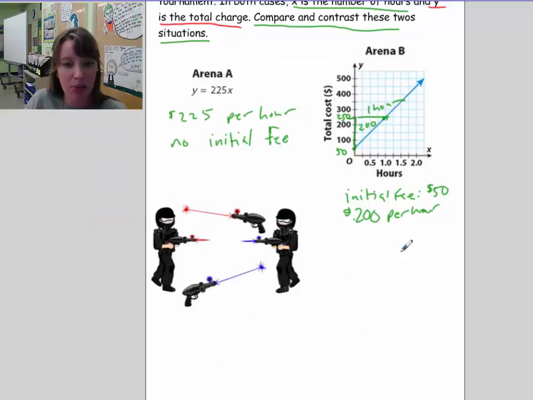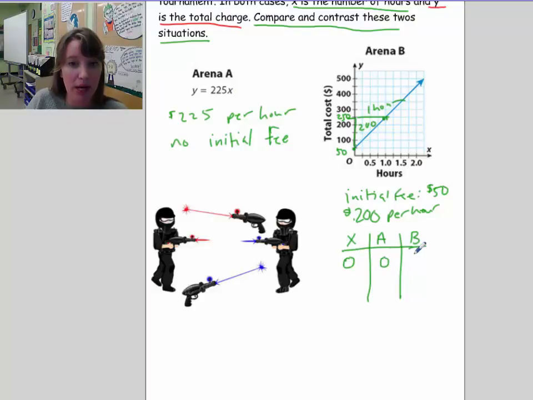So I could actually make a table of the number of hours and the cost for A and B, because we might want to know at which point one arena gets cheaper than the other. At 0 hours, Arena A costs 0 money, but Arena B has an initial charge of $50.